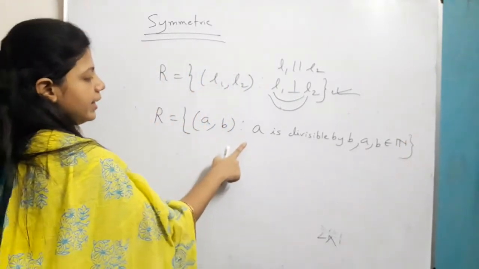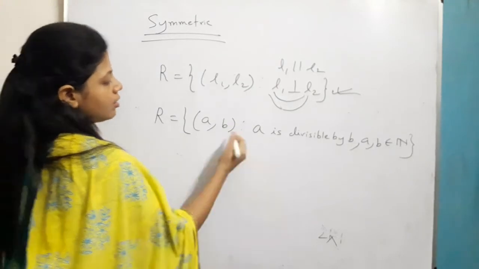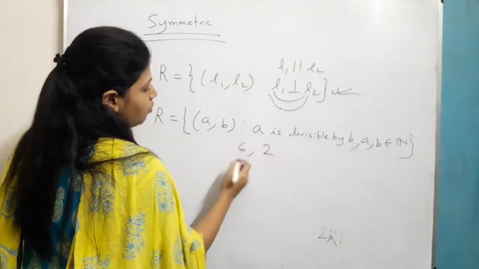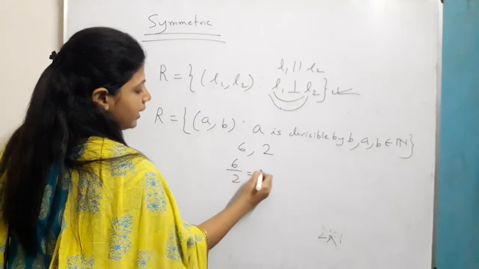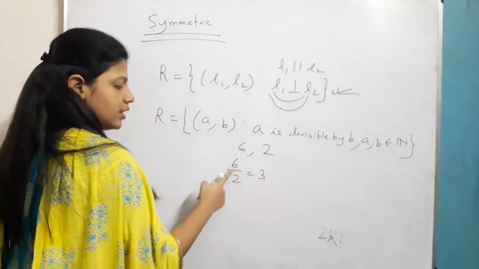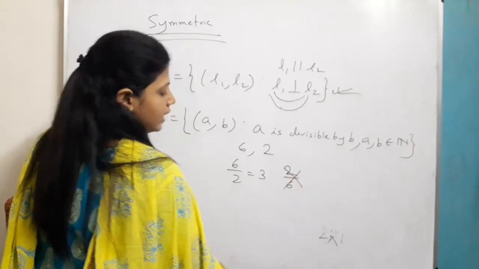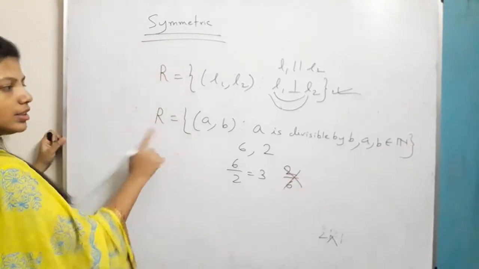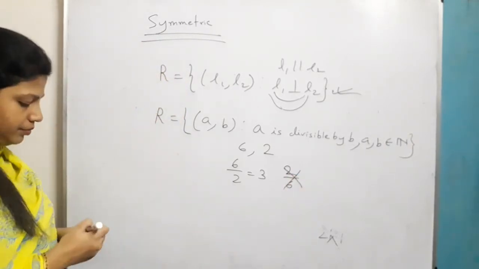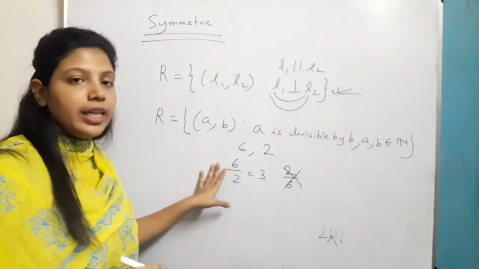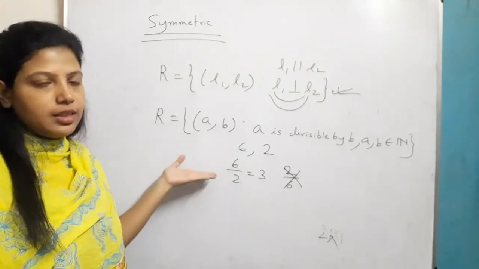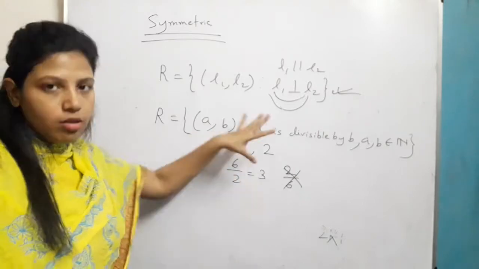So this one is not symmetric because 6 and 2. 6 by 2 is 3, means 6 is divisible by 2, but 2 is not divisible by 6. That means it is not symmetric. Reason also you will write for your explanation, otherwise you will forget afterwards. So please write down this part also.